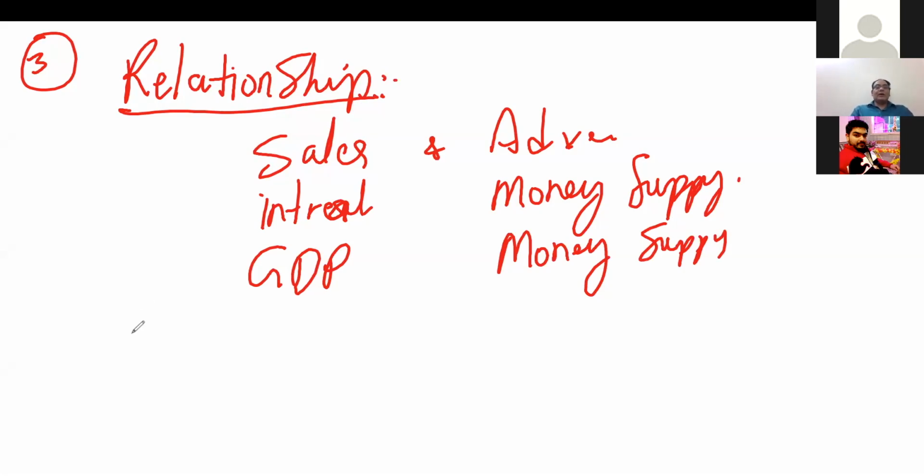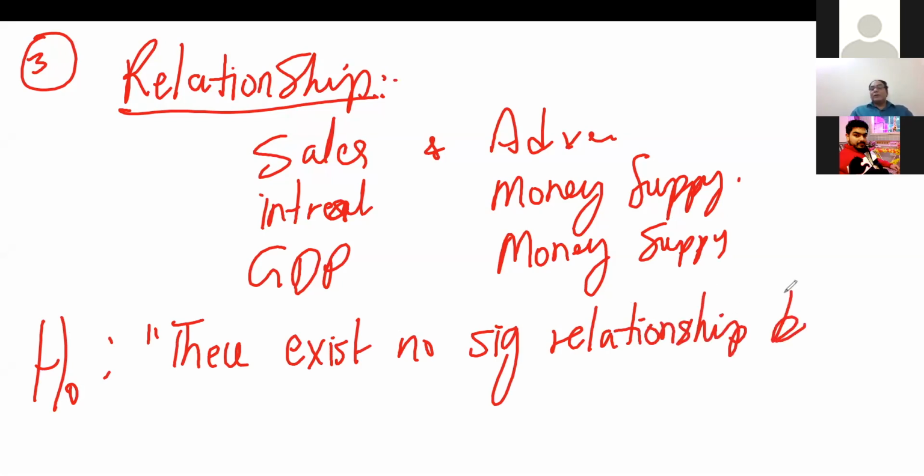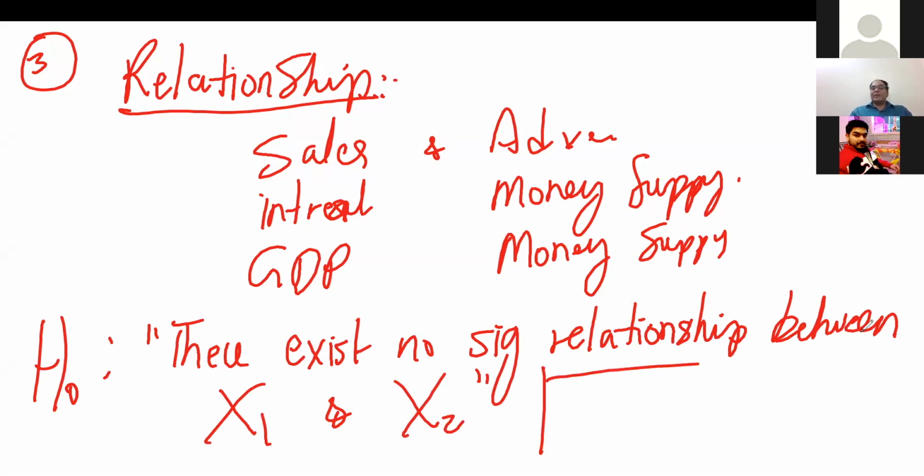So the null hypothesis will be: there exists no significant relationship between variable x1 and variable x2. And which test are we going to apply here? Pearson correlation test.